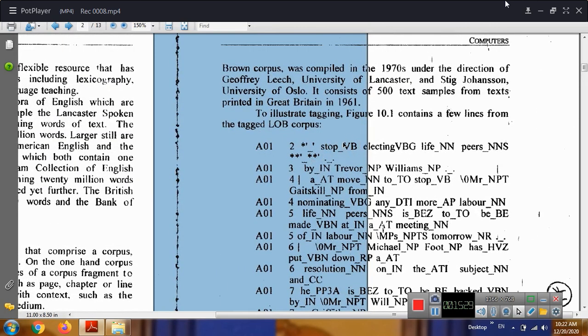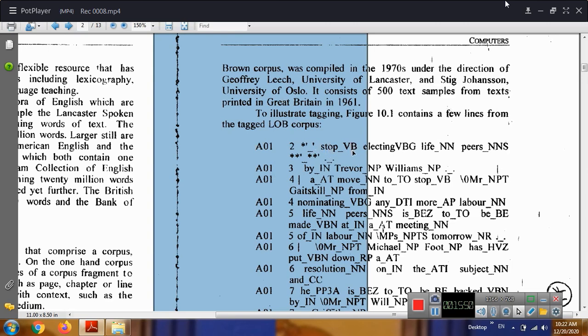Therefore, we consider these codes as codes at the token level, which we consider a tagged corpus.